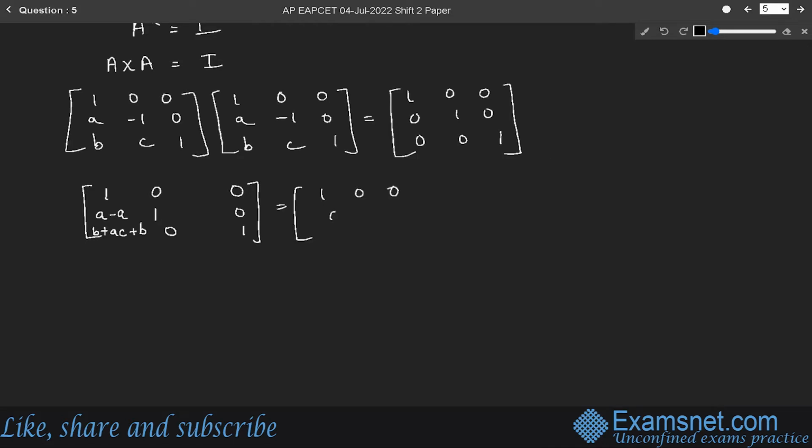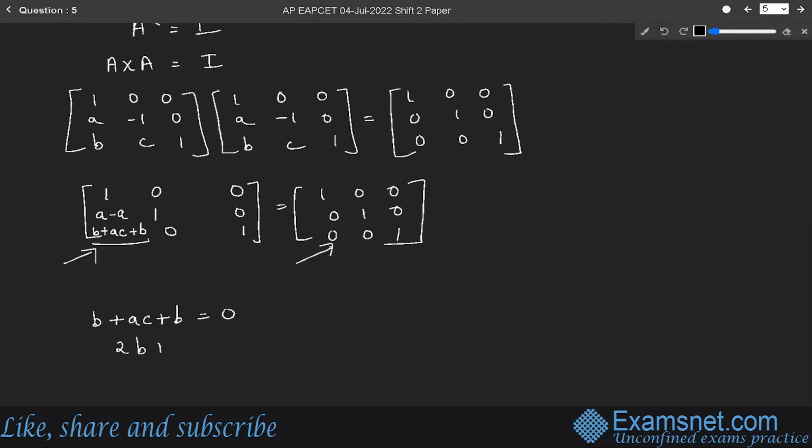You can see that there is only one term here where all others are 1 and 0, and the term is b plus ac plus b. Since both the matrices are equal, therefore the term b plus ac plus b will be equal to 0 according to the condition.